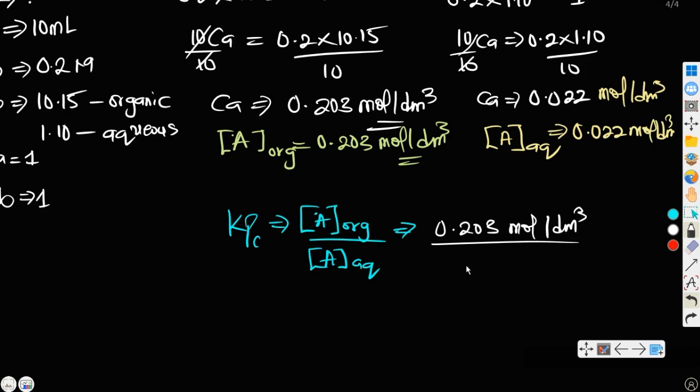The partition coefficient does not have any unit because it is going to cancel out. This is 0.022 mole per dm cube. This will cancel this, and then Kpc would be equal to 0.203 divided by 0.022. What did it give to you?